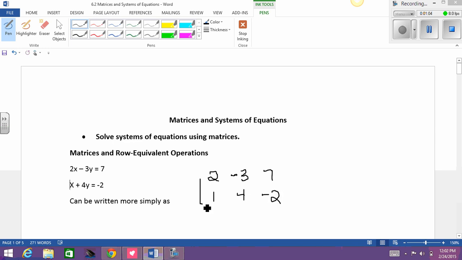You're going to put square brackets and then a line for the equal sign. And what that is, it's a matrix. We also call it an augmented matrix for the given system of equations because it not only contains the coefficients, but it also contains those constant terms, the 7 and the negative 2.